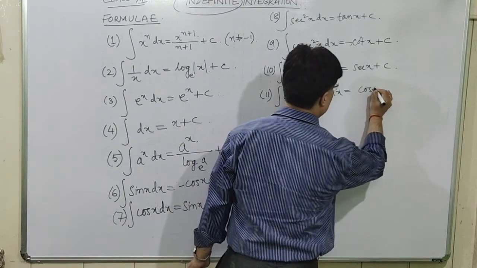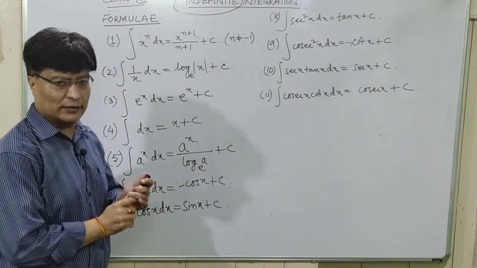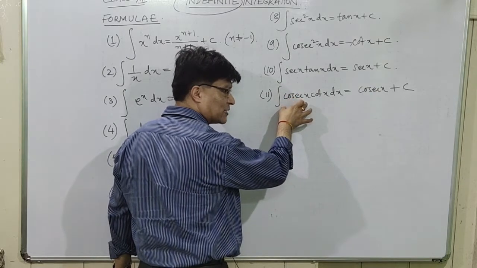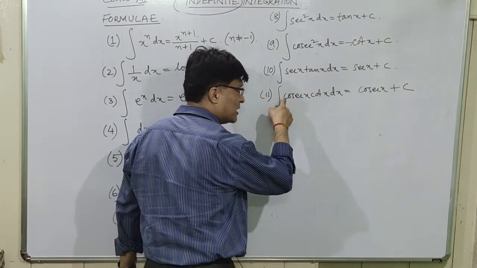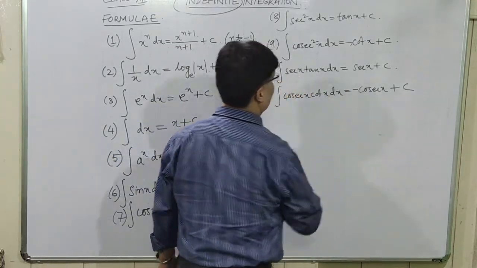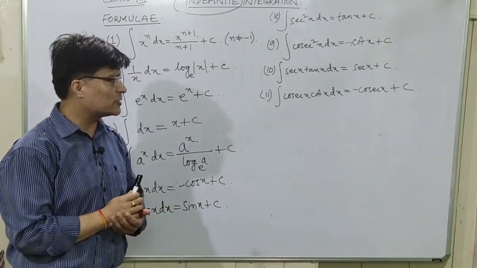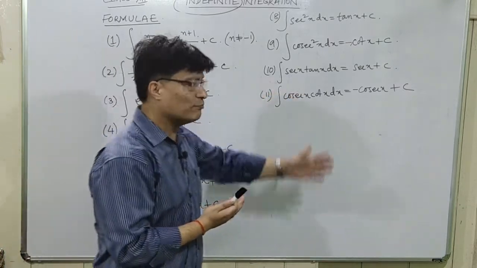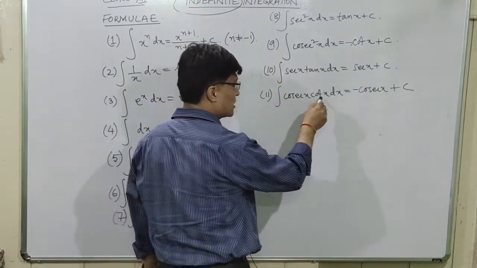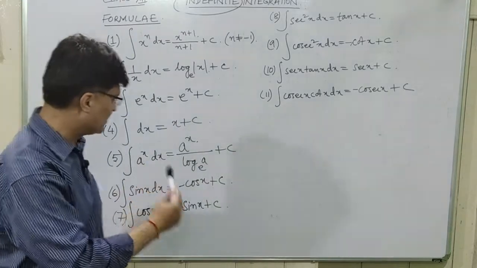So if you write only cosec x here and plus c, if you differentiate cosec x, you will get minus cosec x cot x. So ये तो positive हो. To make it positive, you have to write down minus in front of cosec x. So you should write minus sign here. So I think you have understood it now. That is, what is integration of cosec x cot x dx is equal to, it is minus cosec x plus c. अब यसलाई हामी डिफरेन्शिएट गर्दा चाहिँ plus cosec x cot x आउँछ. So I think you have understood it. Okay, you can copy it.